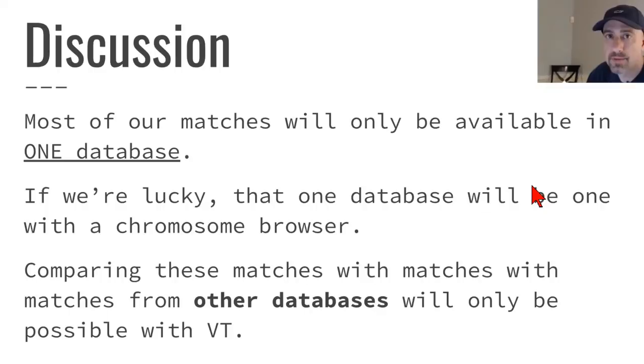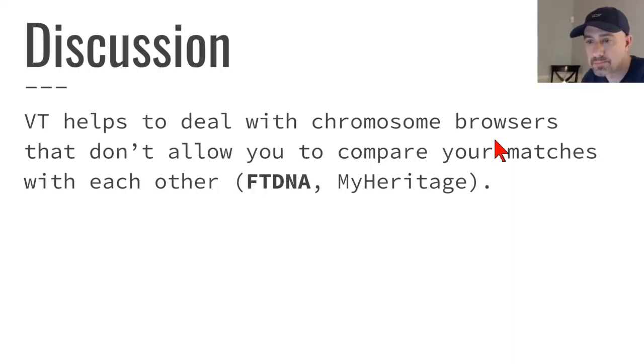We're going to have to find a way to compare matches in one database with matches in another database, with a good number of matches who are never going to cross over that barrier to show up in multiple databases. So visual triangulation is the answer to, or at least one very useful solution to, that persistent problem.